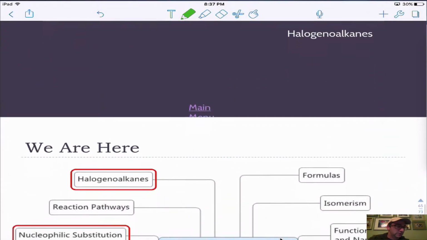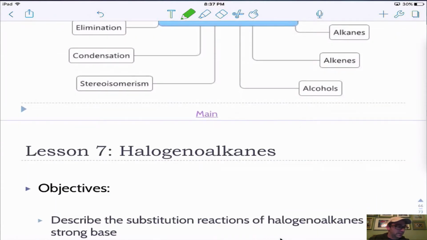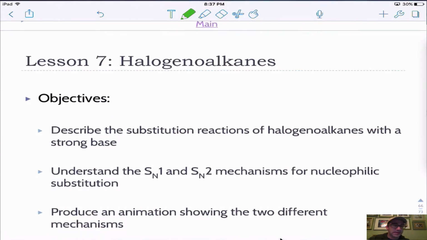Now I want to quickly introduce the halogenoalkanes and how they react. These are called substitution reactions, where you react a halogenoalkane with a strong base such as sodium hydroxide. They're given two names here.